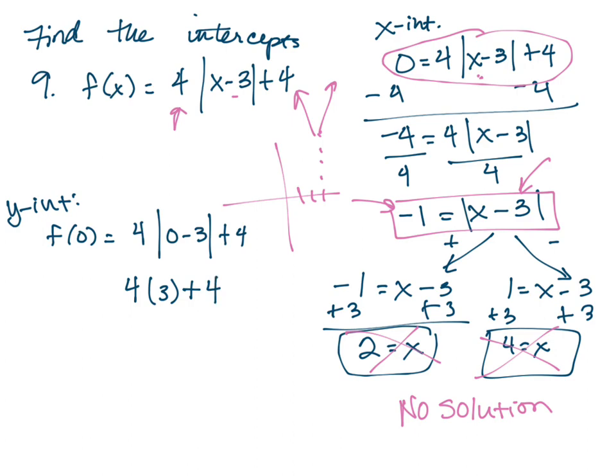So 4 times 3 is 12, plus 4 more is 16. So f of 0 is 16. That means it intersects the y-axis at (0, 16), some point way up on our function.